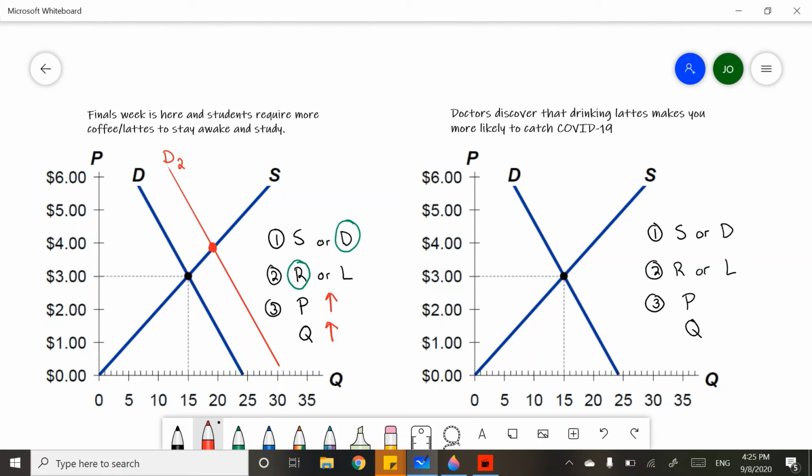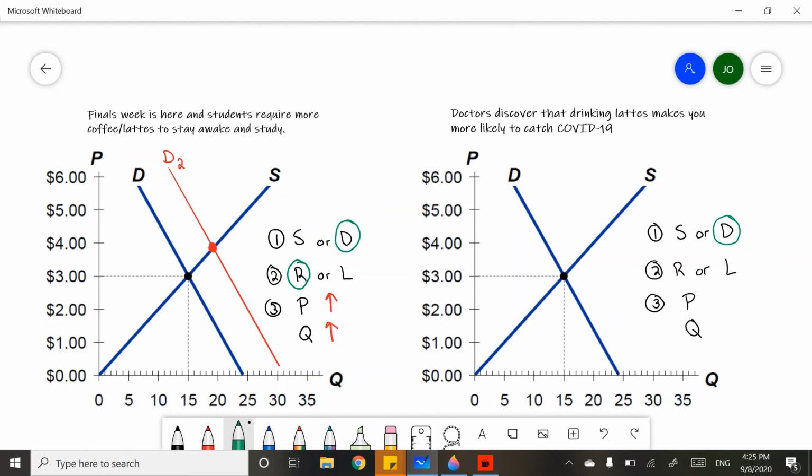Now, let's go to example number 2. Doctors discover that drinking lattes make you more likely to catch COVID-19. Is this a supply issue or a demand issue? This, again, is a demand issue.